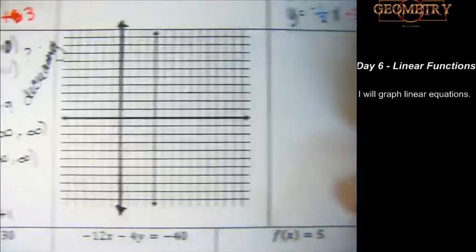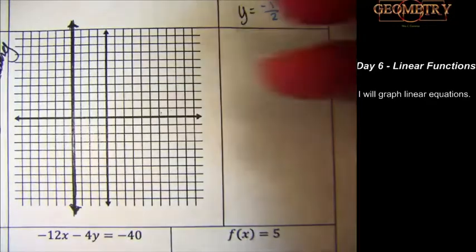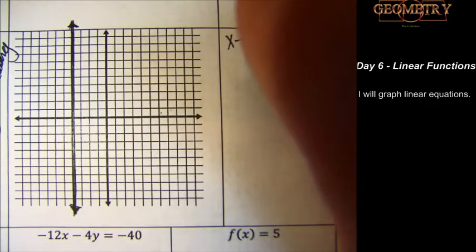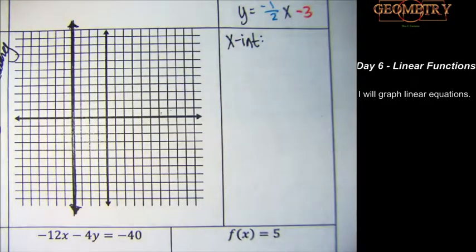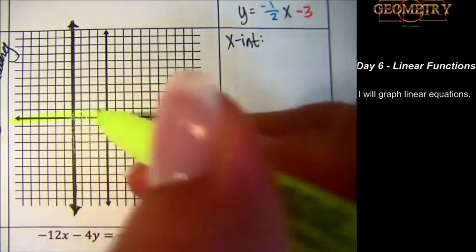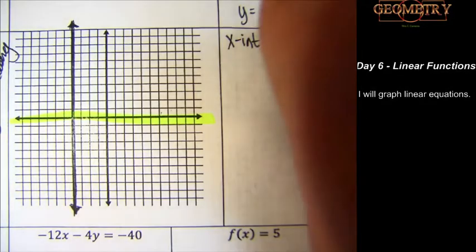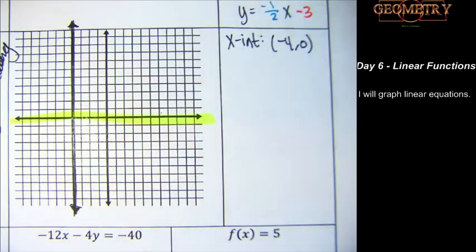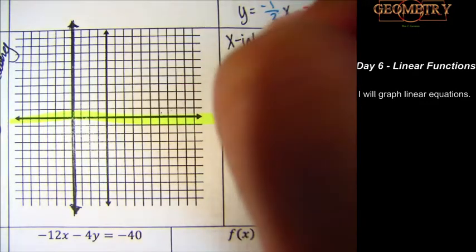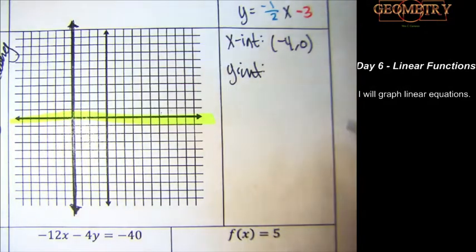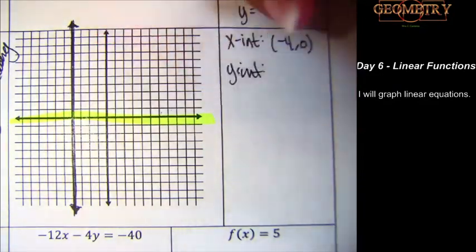All right, let's look at this one. What's the x-intercept? Negative 4. Negative 4, comma, 0. What is the y-intercept? Zero. Where does it cross the y-axis?